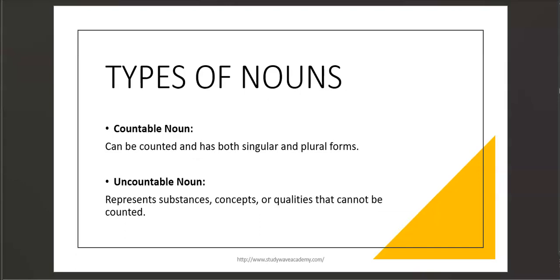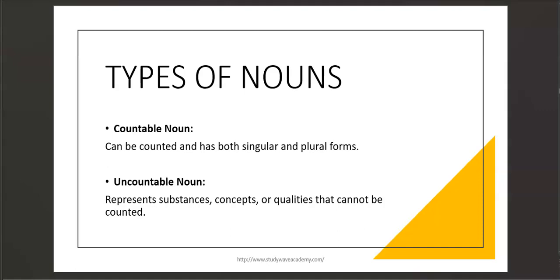The next type is countable nouns. Countable nouns are nouns that can be counted, both in singular and plural. For example, one person was in the room, 10 people are in the room. These are 2 chairs, those are 10 chairs, there is 1 chair. Tangible nouns too can be counted, so there's no problem with that.